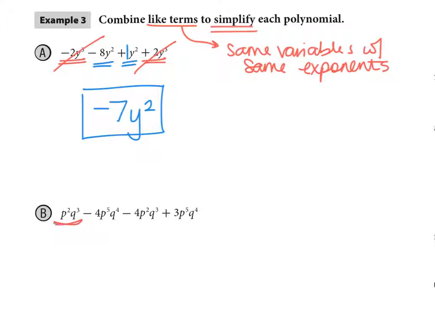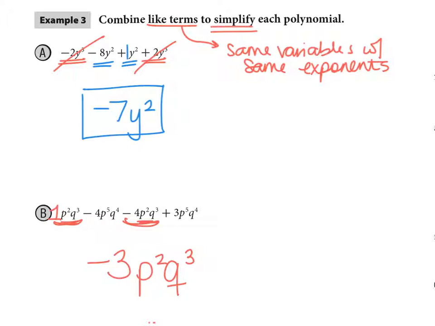So I'm going to combine p squared q to the third, and I'm going to put a number in front of that just to make it easier to count. So this is 1 p squared q to the third minus 4 p squared q to the third. So 1 minus 4 is negative 3, and then think about the rest of it as just like a word. You're not going to change anything. So that's just p squared q to the third.